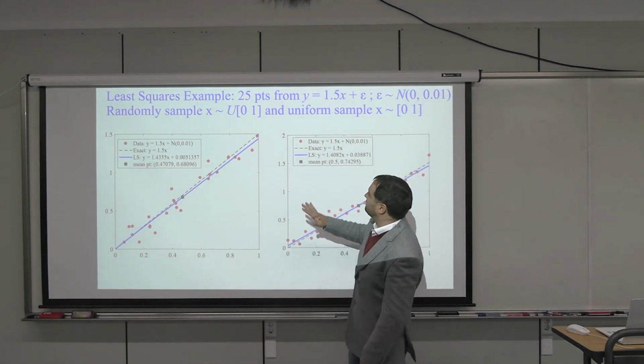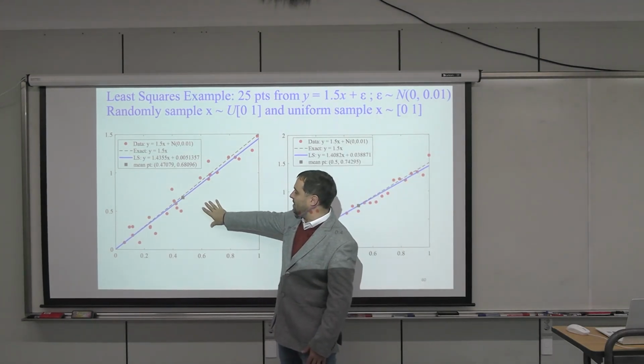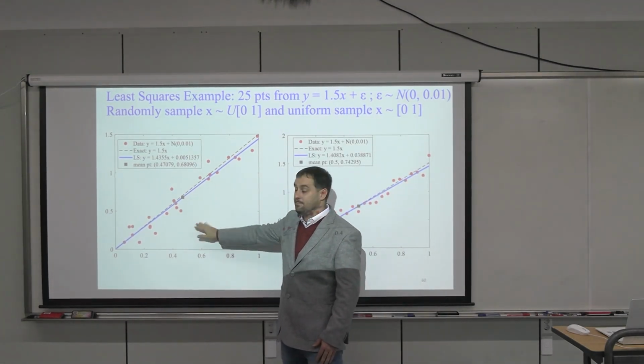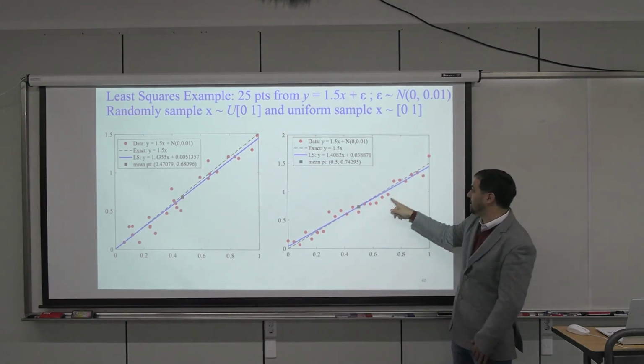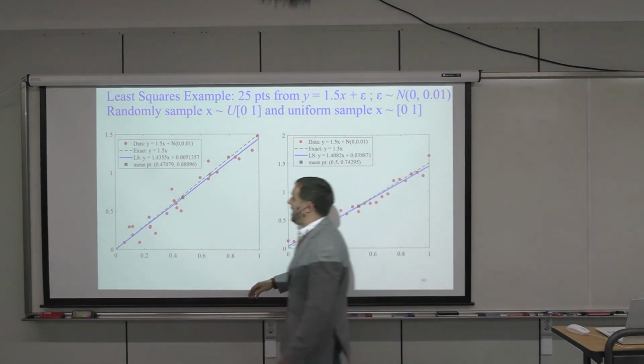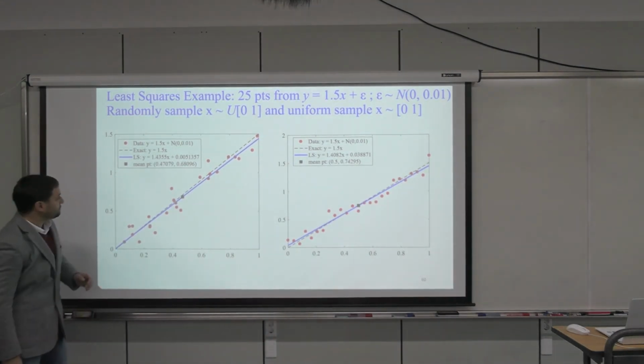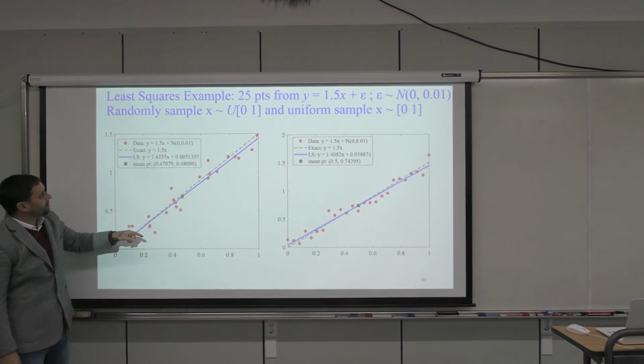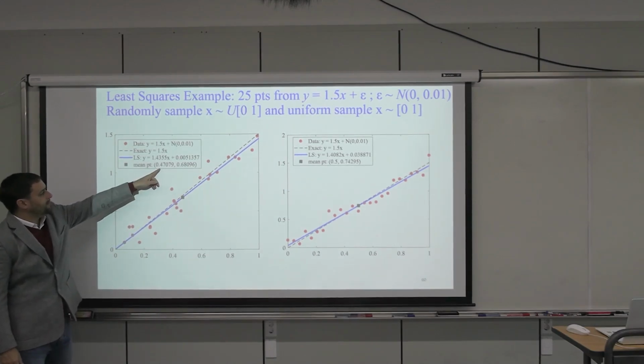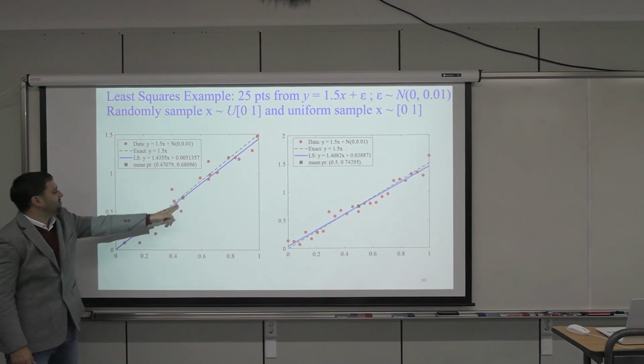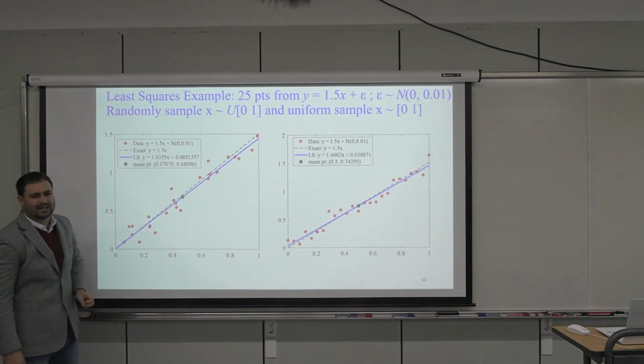This is using the random sampling of X, and this is the uniform sampling on X. When we add more data points, I think the true mean of Y is 0.75.